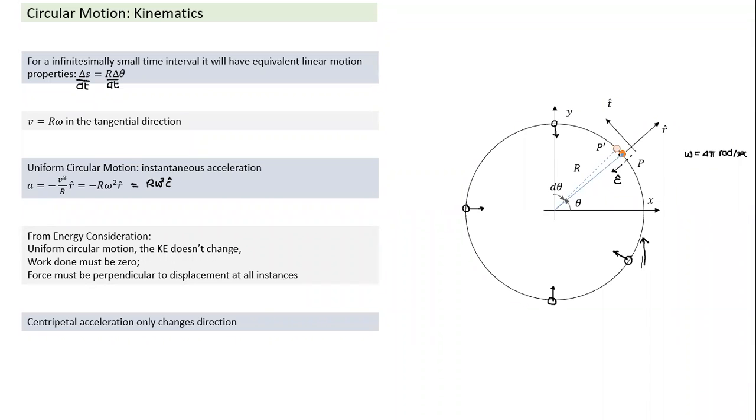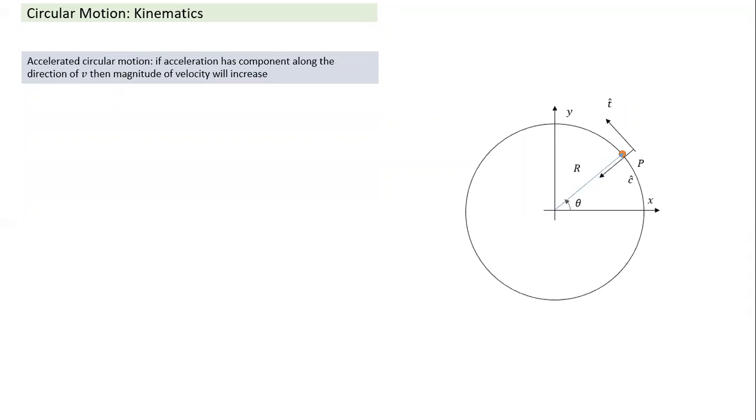The key to understanding circular motion is the role of each of the two components of acceleration, and hence the net acceleration. Centripetal acceleration only changes the direction. It does not change the magnitude. And if only centripetal acceleration is acting, it is a uniform circular motion, and speed will not change, right?